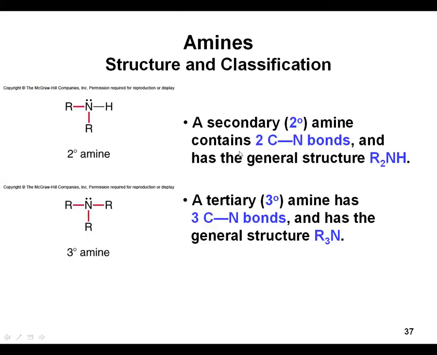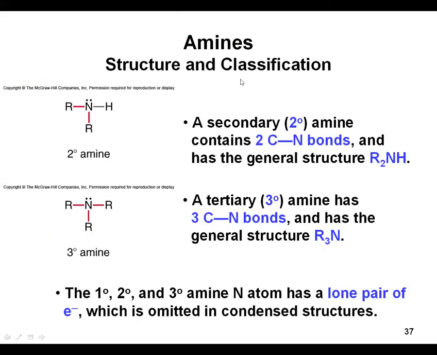There are also secondary and tertiary amines. A secondary amine, much like what we saw with carbons and other things, will have 2 carbons attached to it. And that would give you your secondary amine. Our tertiary amine would have 3 carbons attached to it.